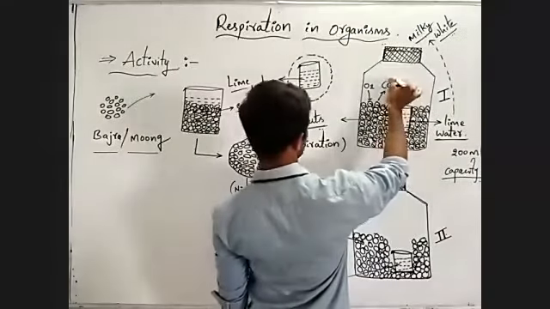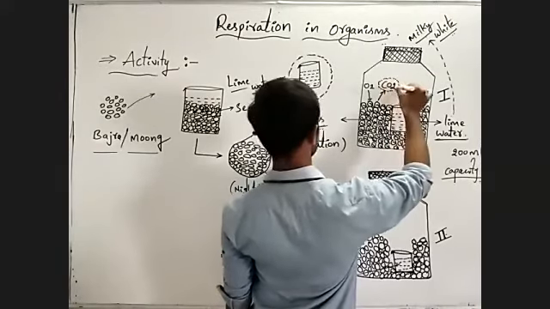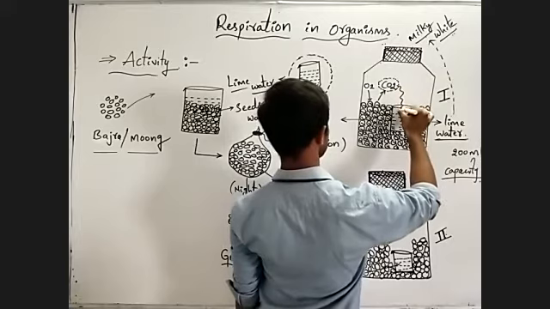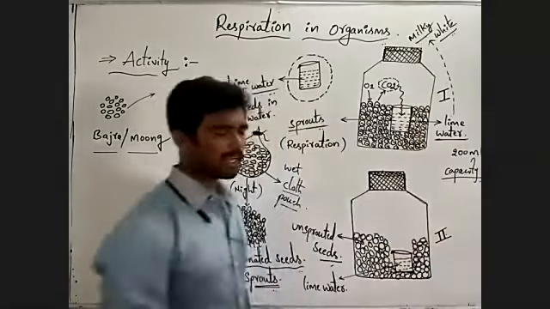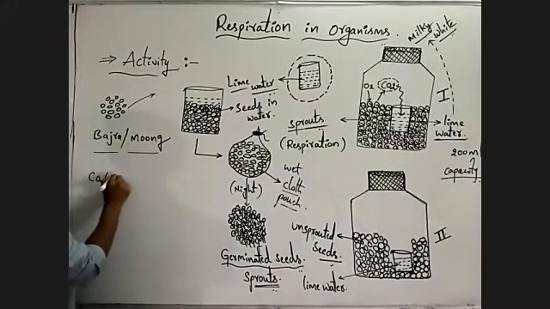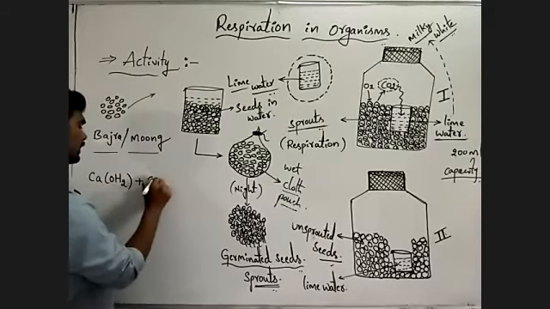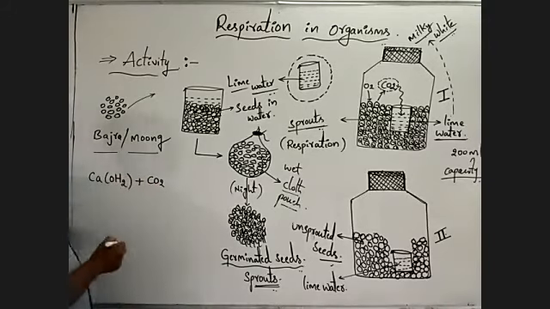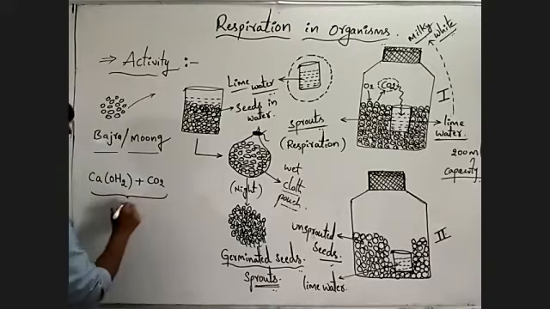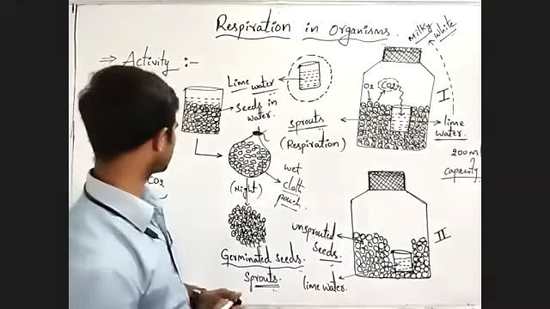Now, this released carbon dioxide reacted with the lime water. Lime water, calcium hydroxide, plus carbon dioxide. Carbon dioxide reacts with the calcium hydroxide. Then what will happen? Calcium carbonate plus water, these two are formed here.